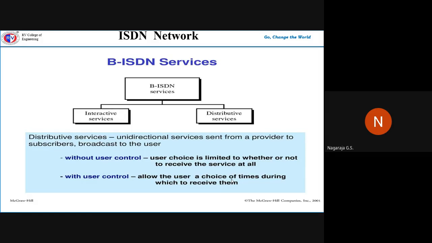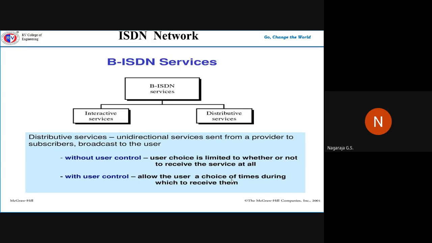So what I mean is, when it comes to distributed services, you have control for some things and don't have control for others. It all depends upon your applications and services. You get it from the other end, the service provider basically.